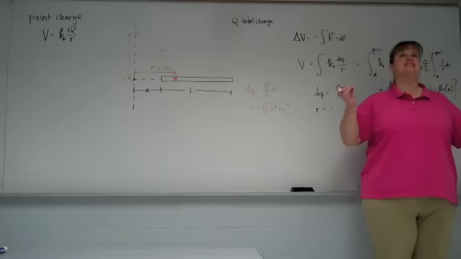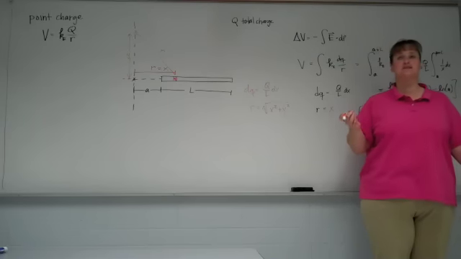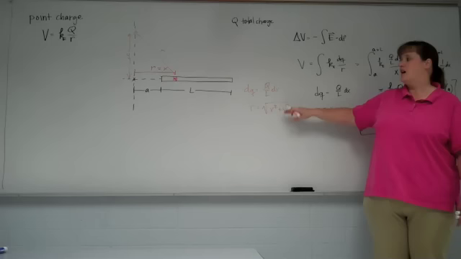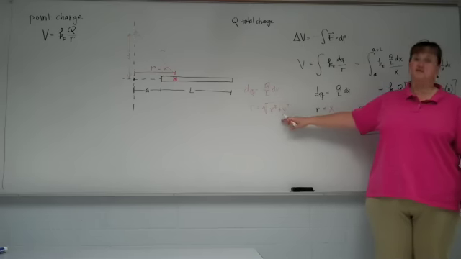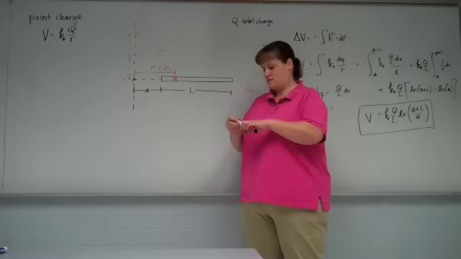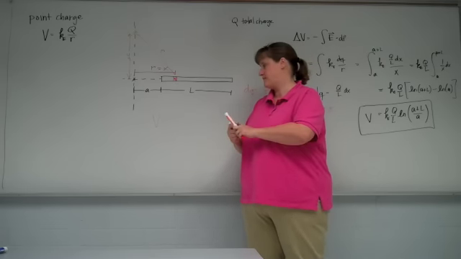The fantastic thing about potential is it's not a vector. There's no such thing as x or y components of potential. Potential does not have components. It's just a number. All you have is dq and r, and you're good to go.